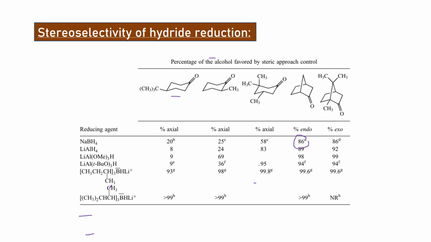But if we change the nature of the reducing agent, this is a bulky reagent, in that case the percentage increases. If you enhance the bulkiness of the reducing agent, it can go to greater than 99%.